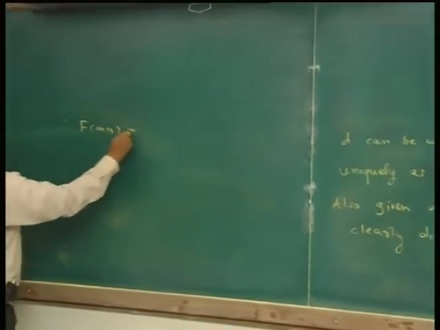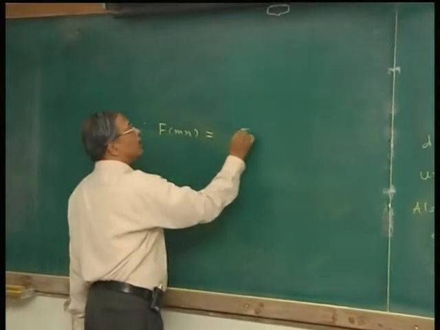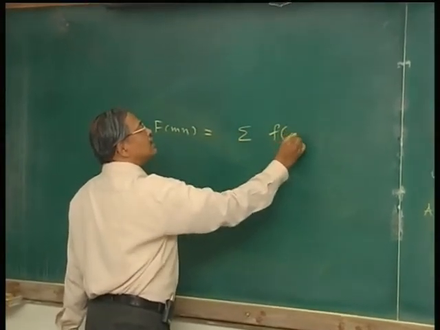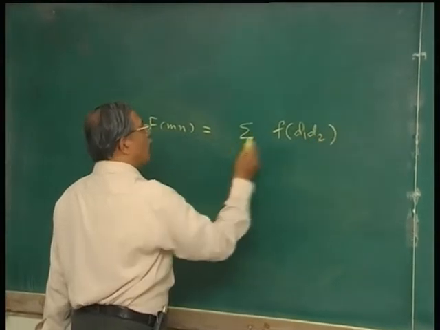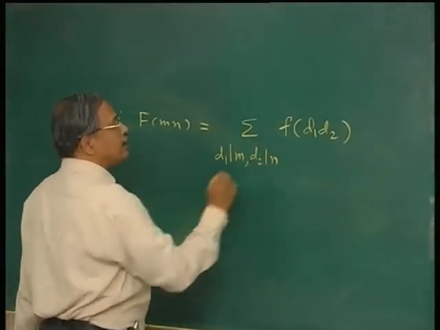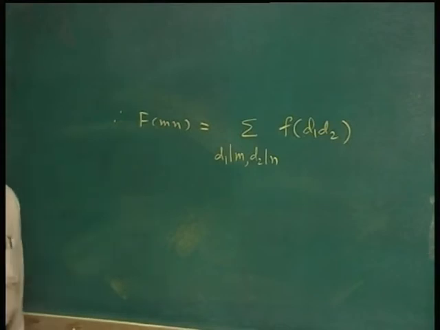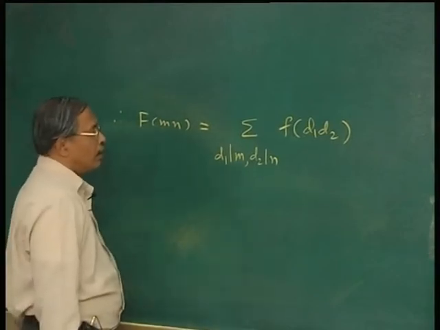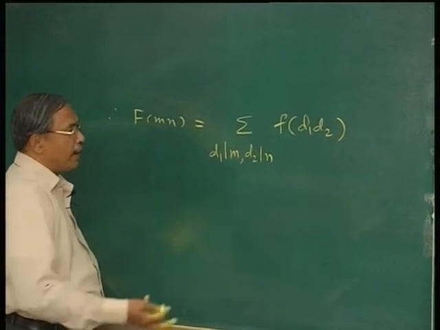So we can say that F of mn equals summation of f of d, writing d as d1 d2, where d1 divides m, d2 divides n. This is possible because m and n are coprime.